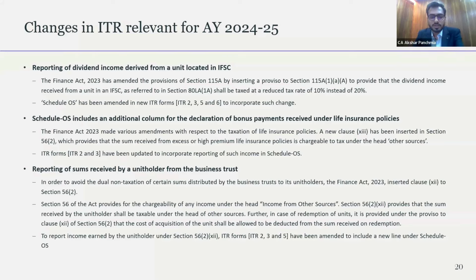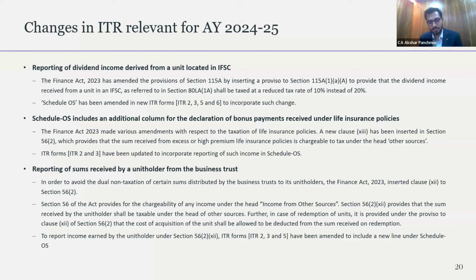What used to happen is there used to be a double non-taxation, because certain funds used to make payments against the units as redemption of the face value. Now, in this case, being a capital receipt, or rather a receipt towards the face value, or rather the principal, it used to escape taxation.